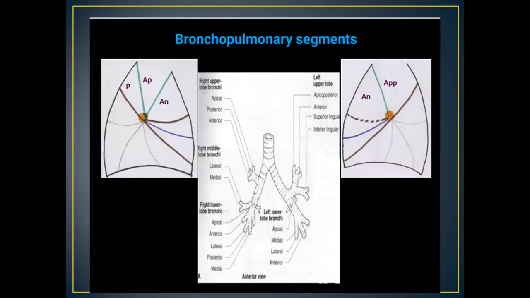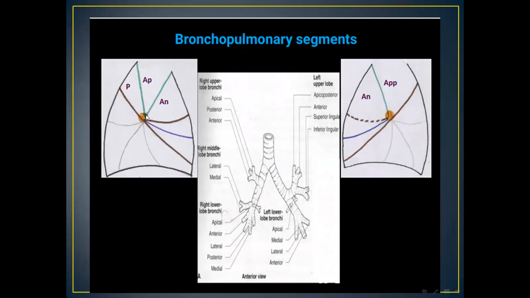Now, regarding the bronchopulmonary segments, as we said previously, the bronchus is divided into right and left, and each one of them is divided into many segments that will supply the corresponding lung segments. So this is the right lung, this is the left lung. In the right lung, this is the upper lobe, this is the middle lobe, this is the lower lobe.